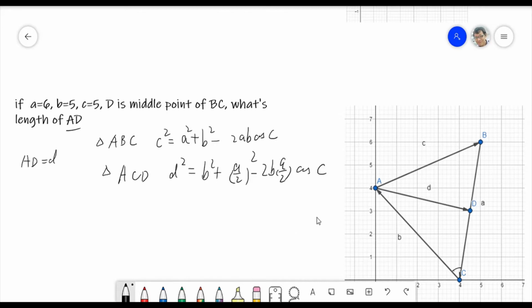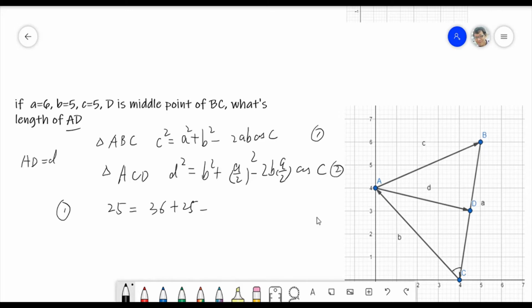Let's make it a little clearer. Equation 1, equation 2. Based on equation 1, c squared is what? c is 5, so it's 25. a squared is 36. b is 5, so b squared is 25.